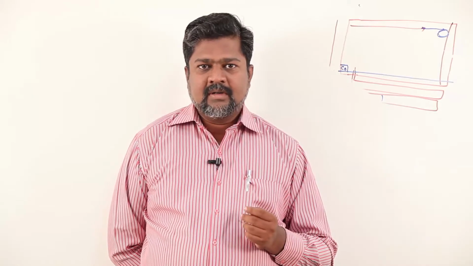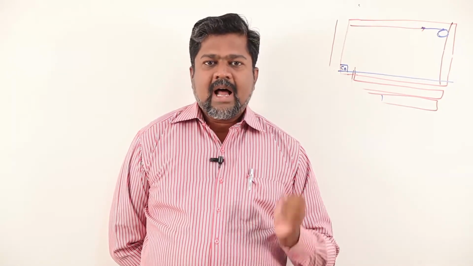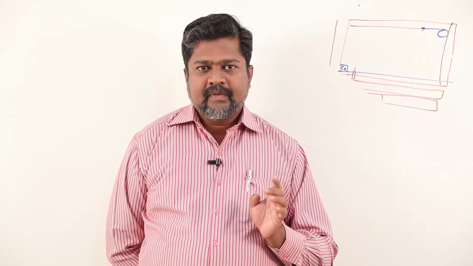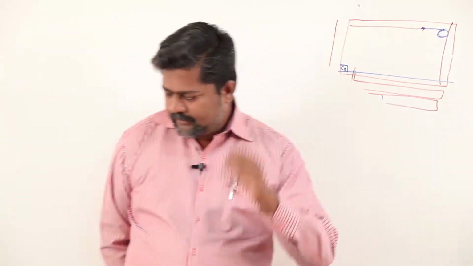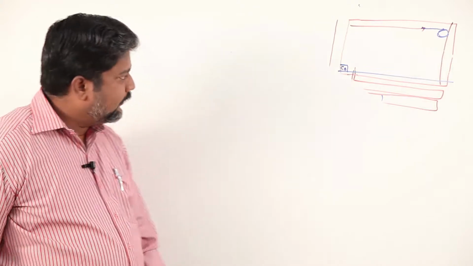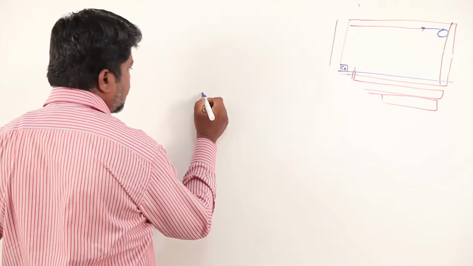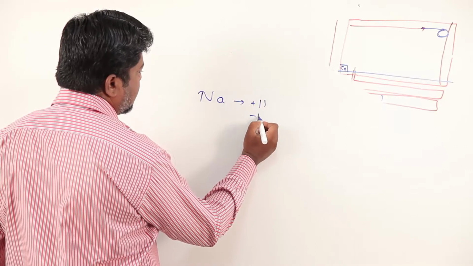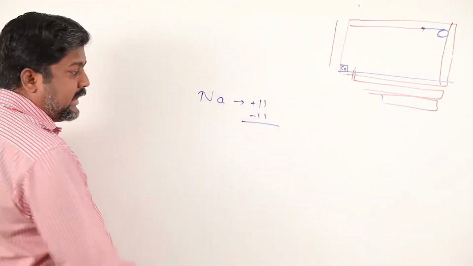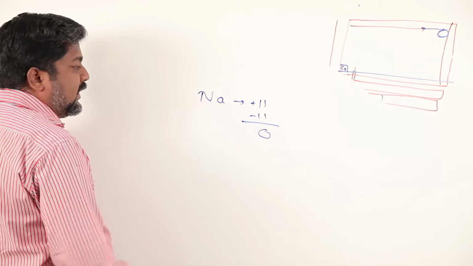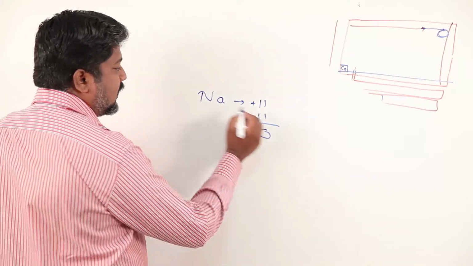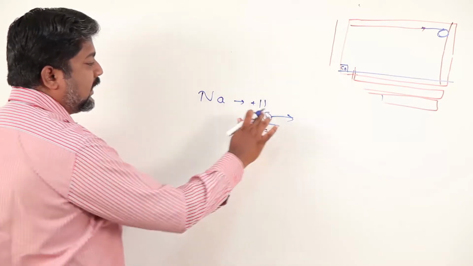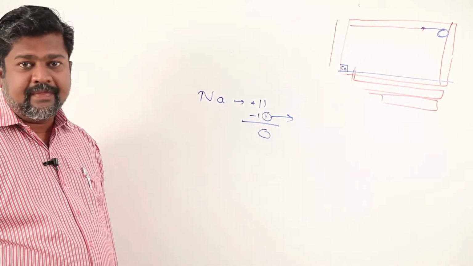Now, an important character. Metals have the tendency to lose electrons and form positive ions. Say there is sodium. You are aware that there are 11 protons and 11 electrons. Net charge is 0. But when it comes in front of chlorine, what will happen? It will lose that extra electron and get negative charge as 10.